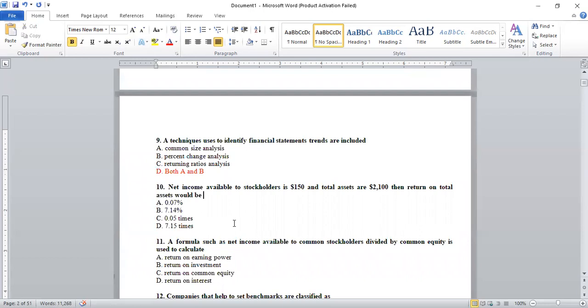Net income available to stockholders is 150, and total assets are 2,100.